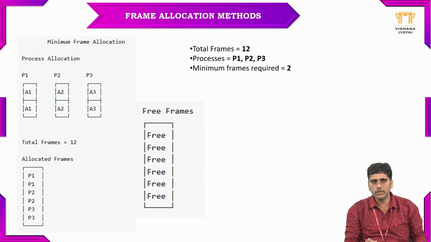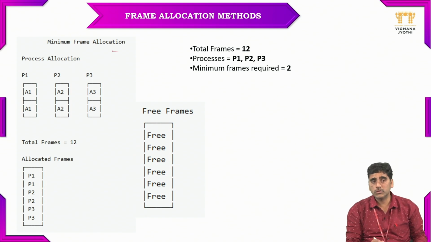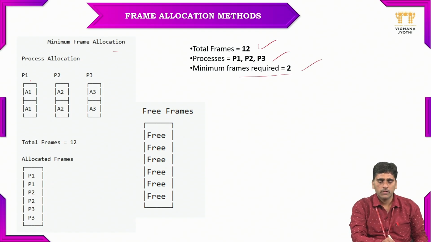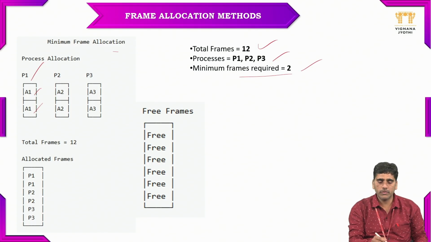So how is the frame allocation shown in the diagram? Minimum frame allocation: the total number of frames available is 12, the processes are 3, and the minimum frames required for each and every process is 2. Here A1 is allocated for P1, similarly A2 for P2 and A3 for P3.